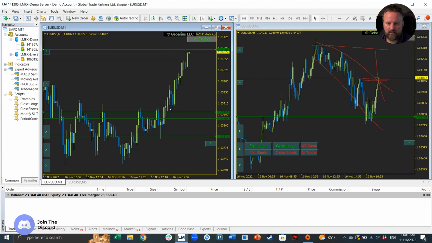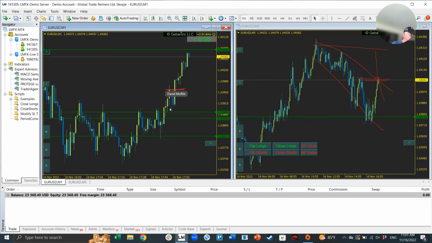But going back to my point, had you not closed your buys out here, you could have turned this into a ride the wave situation and been able to gobble up all of this right here. I probably would have put a secured trade on right here, meaning that the moment it crosses that line, you would have got out for profit.